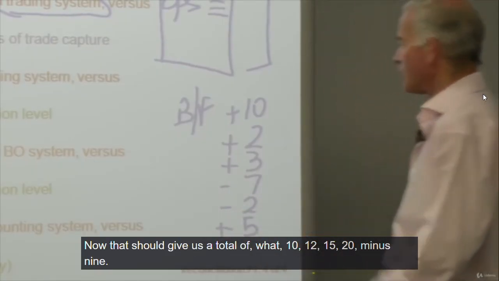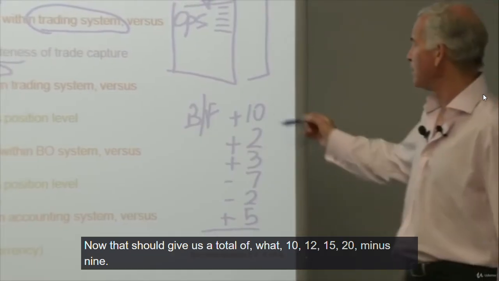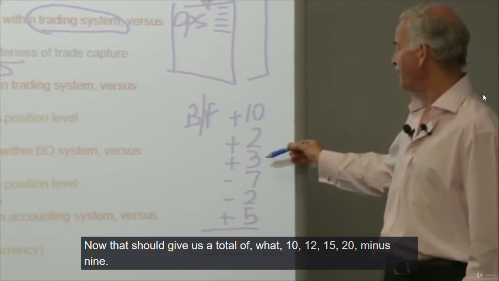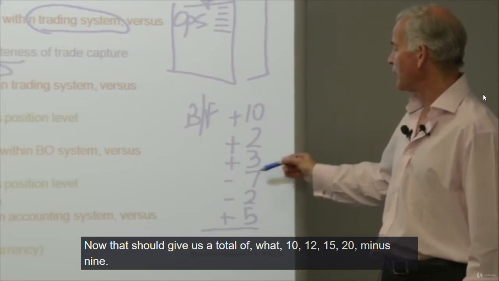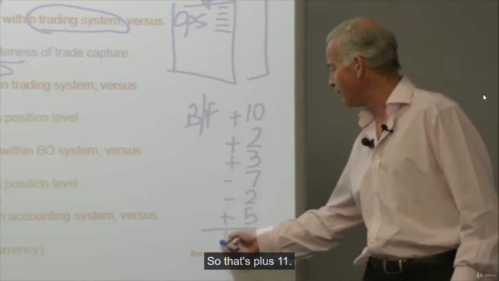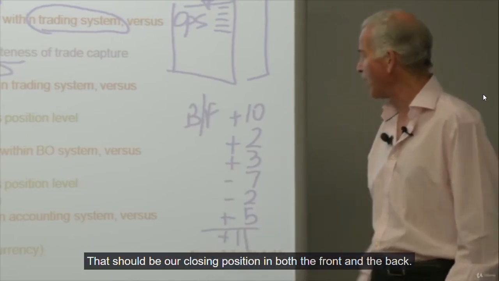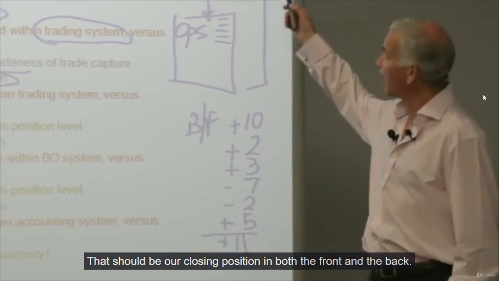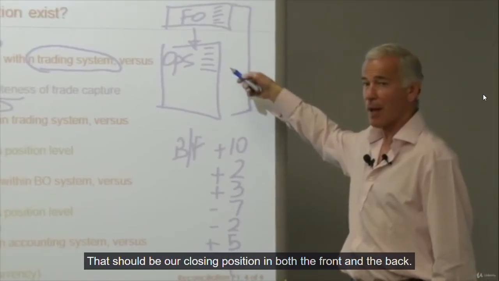Now that should give us a total of what? 10, 12, 15, 20, minus 9. So that's plus 11. That should be our closing position in both the front and the back.